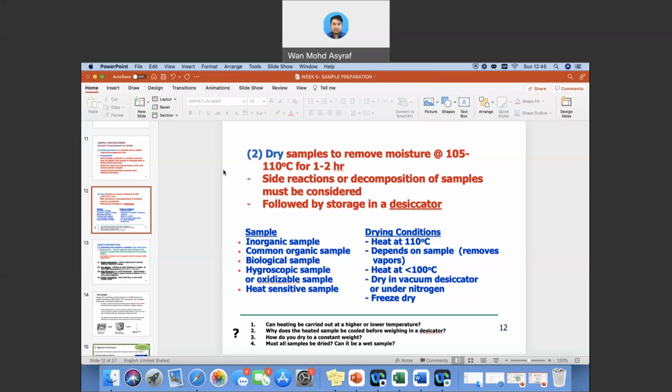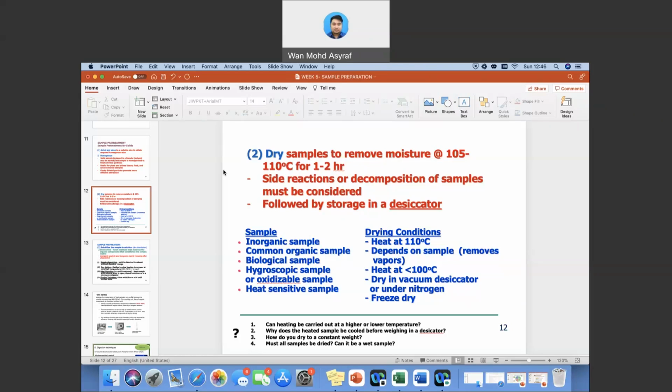So dry the samples to remove the moisture at about 105 to 110 Celsius for about 1 or 2 hours. The side reaction or decomposition of samples must be considered also. Following that, storage in a desiccator. The desiccator is an enhancement, just a further drying process. You have dried your sample inside an oven and then you put it into your desiccator to remove more moisture.